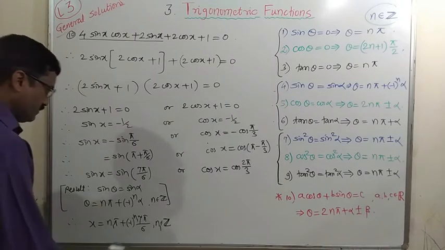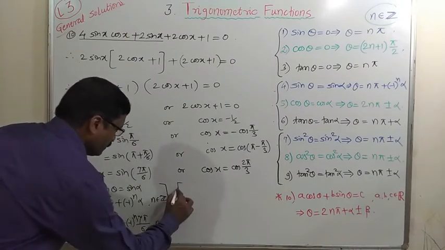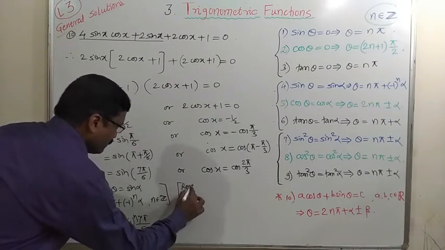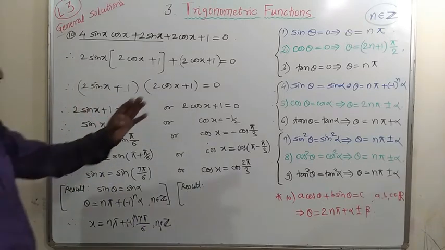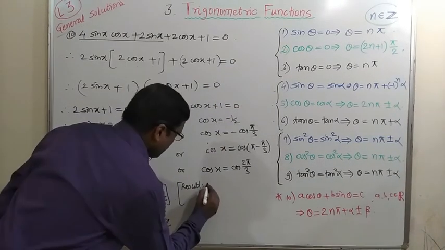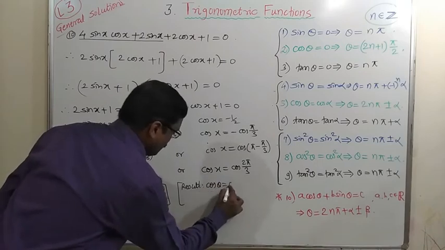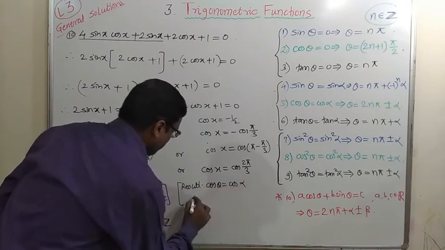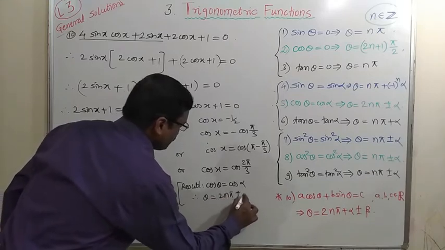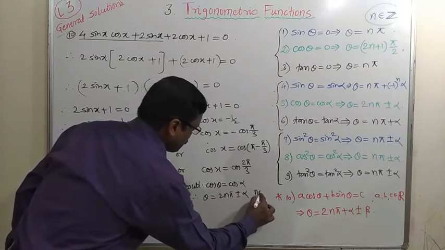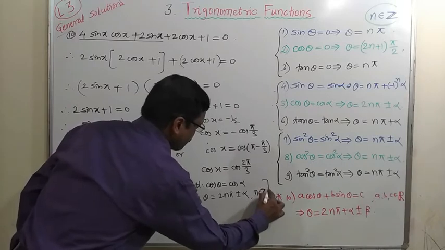Now use the result. Which result will you use here? Result number 5, that is cos theta equal to cos alpha. Therefore theta is equal to 2n pi plus minus alpha, where n belongs to integers.